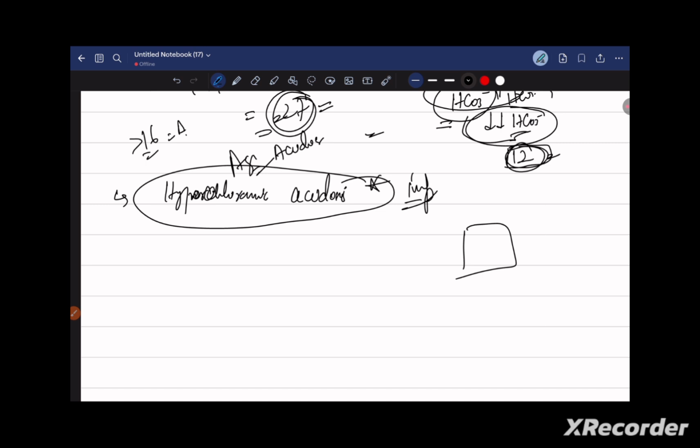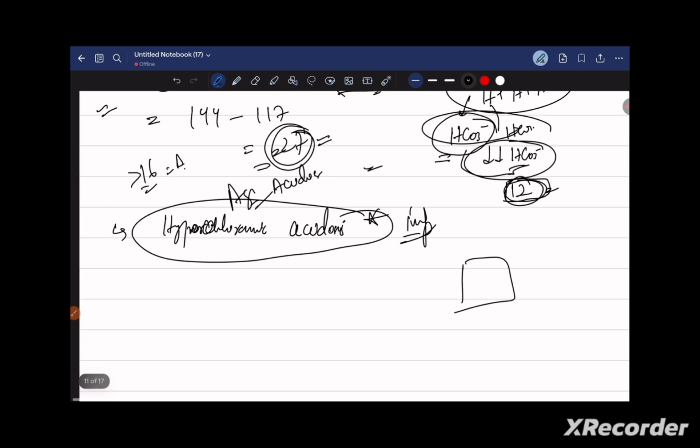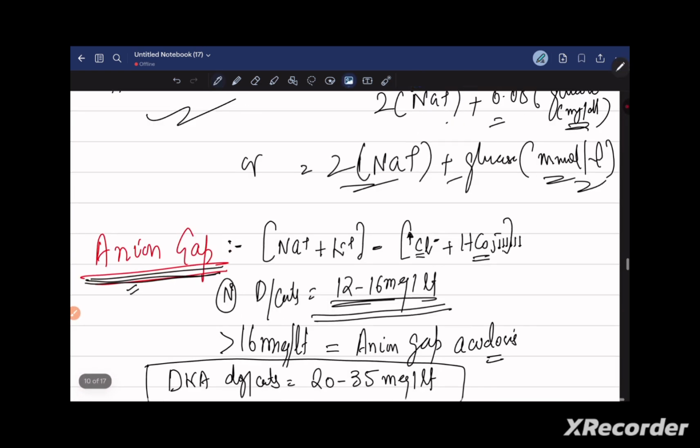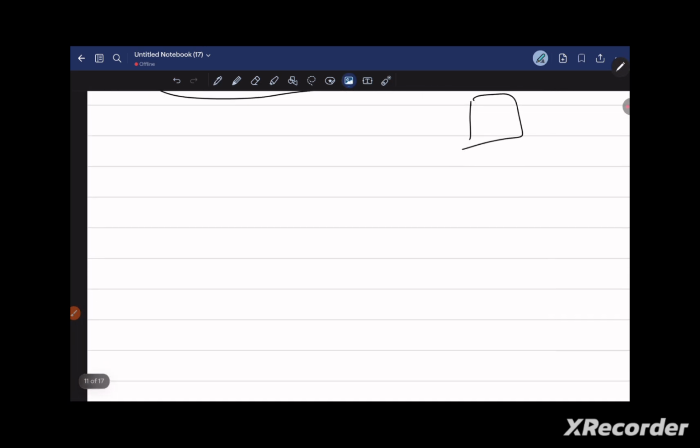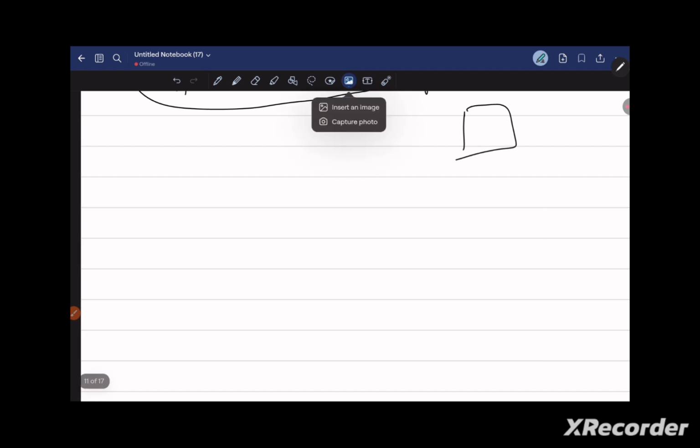But this anion gap acidosis in DKA patients must be differentiated from the other causes of anion gap acidosis.